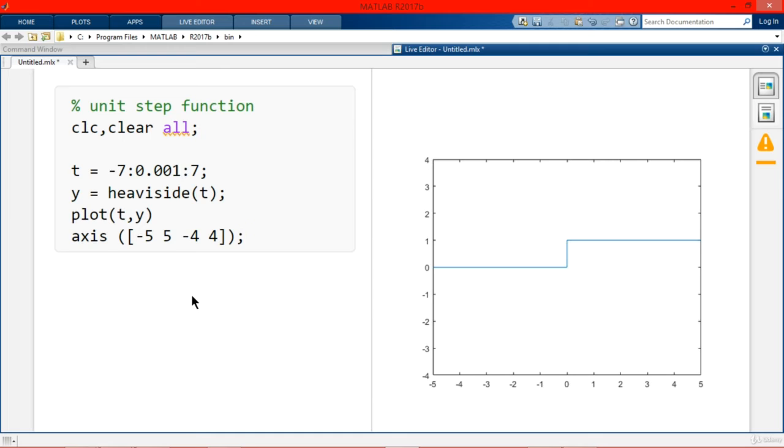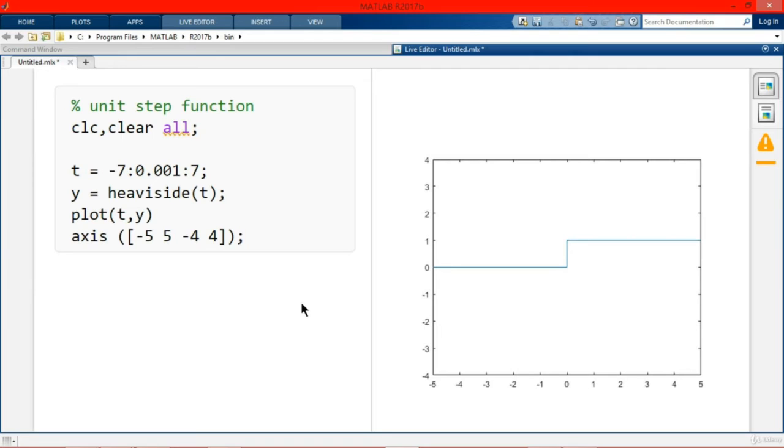We can see that there is a straight line, which was required. The output plot starts from there, which means that it is not defined at t less than 0, but the graph is 1 when t is greater than 0.